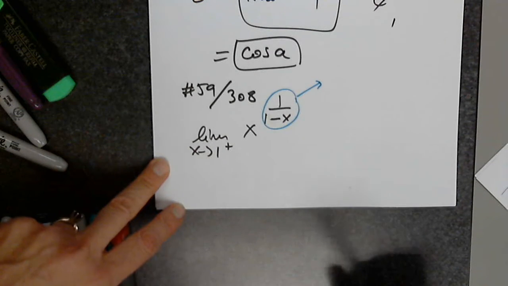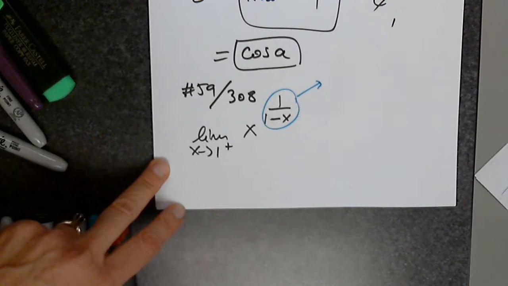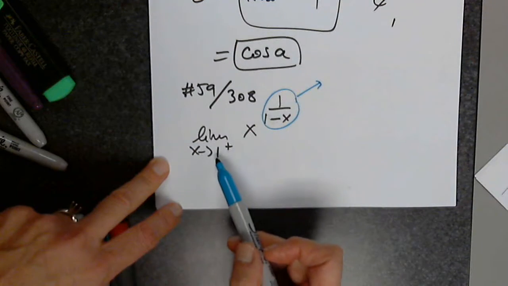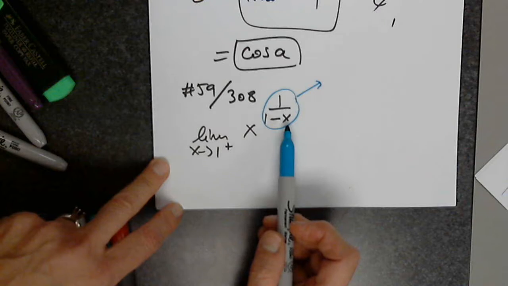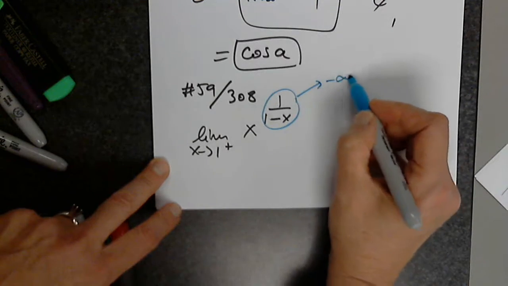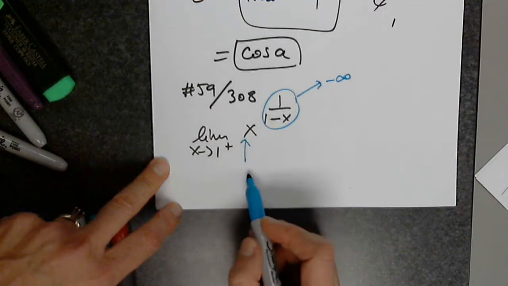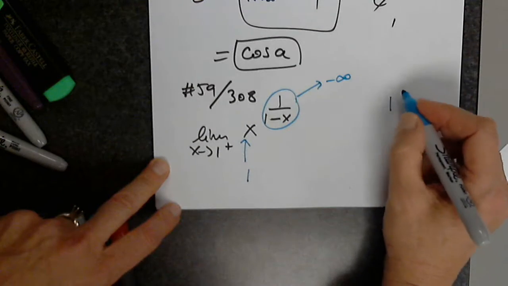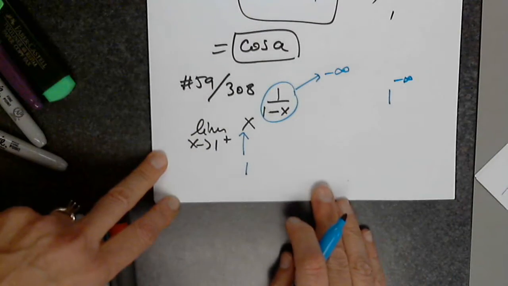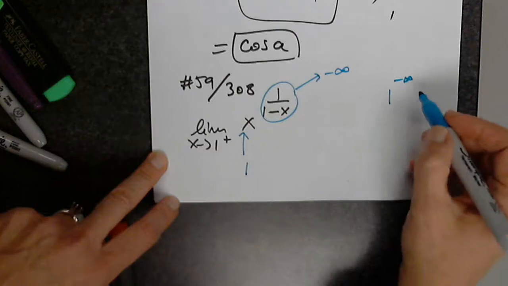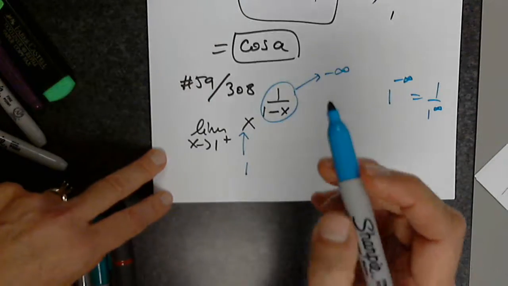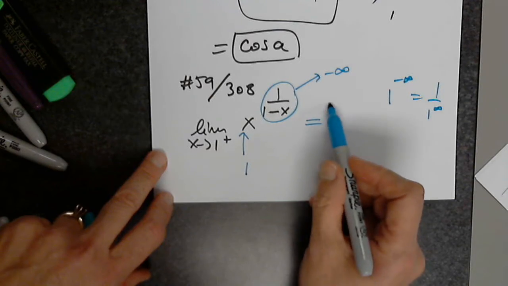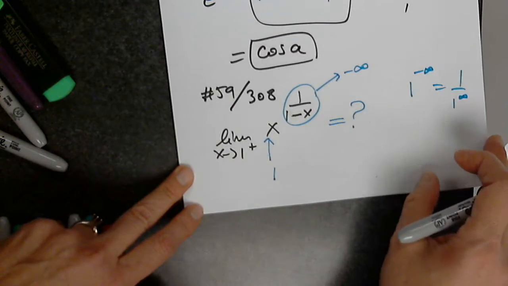So that has to be one of the indeterminate cases, like infinity, negative infinity, or DNE. So 1 from the right will be 1.1, so it's negative infinity. And this approaches 1. So the situation is 1 to negative infinity, or 1 to infinity. It's the same thing. Still 1 to infinity. Okay, so then what do I do? How do I proceed in this situation?